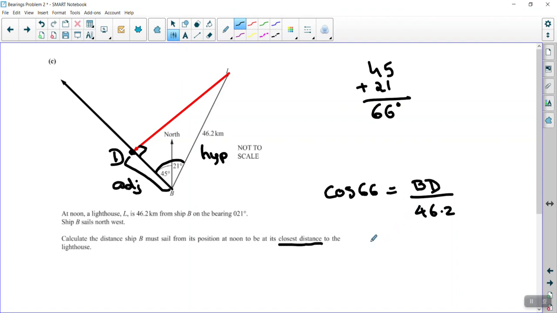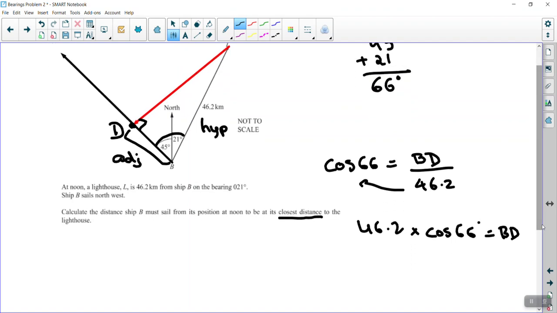So to find BD, the closest distance to the lighthouse, we take this to the other side: 46.2 times cos of 66 degrees, and that would give us BD. That is how far it has to sail in the northwest direction so that it is at the closest distance to the lighthouse.